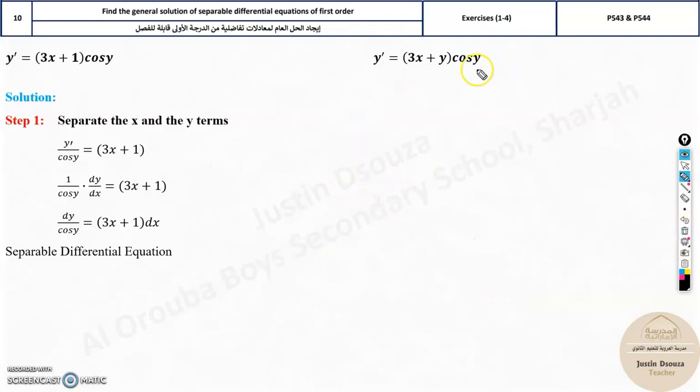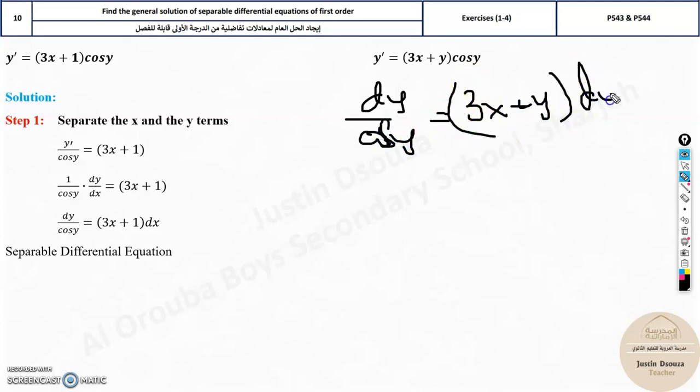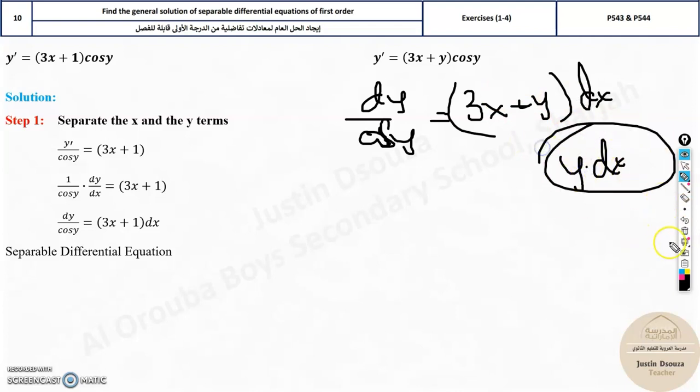It is not possible. Another way to check it is, this is dy by dx. So take dx to the other side. It will be dy over here divided by cos y minus y, equal to 3x plus y dx. Now when you multiply inside, you will have y dx. There are various ways to check that this is not separable because you have these terms together.